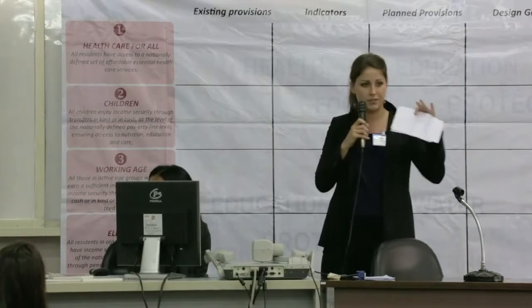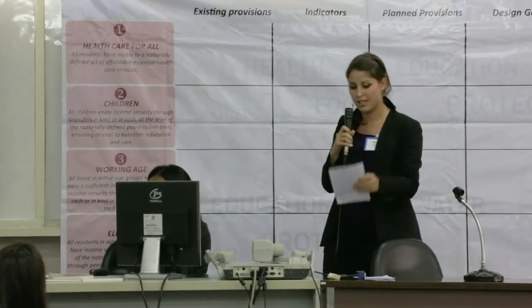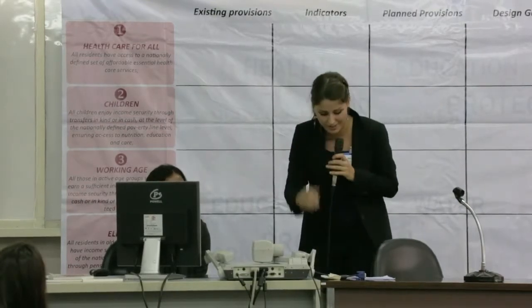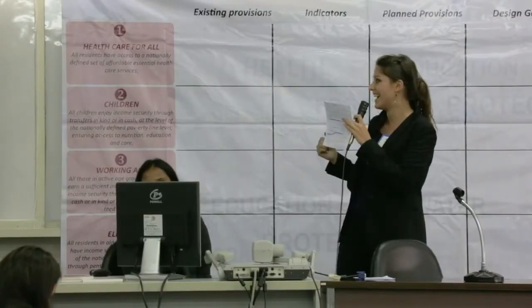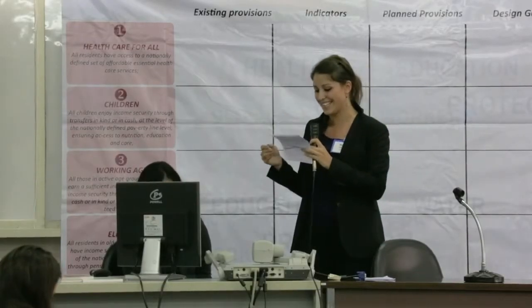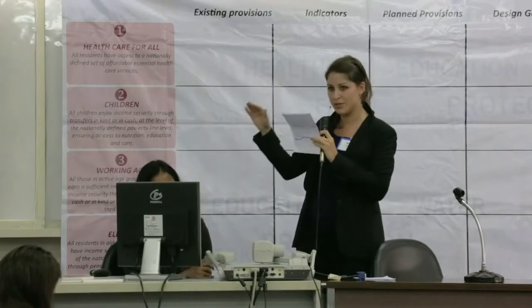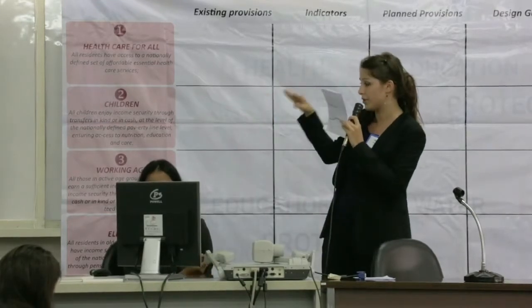So this is the identification of all the risks that I can have. Then I will assess this risk. So I would say, for example, that I'm very likely to get diabetes because of my family background and because I eat a lot of cheese as a French person. So this is the assessment.